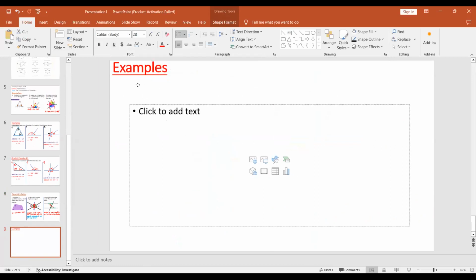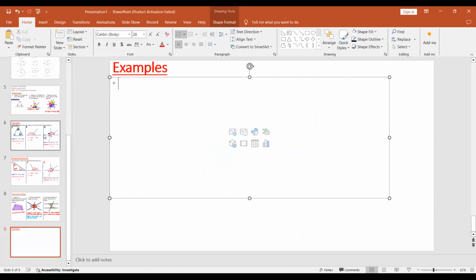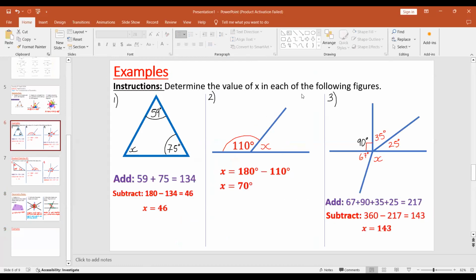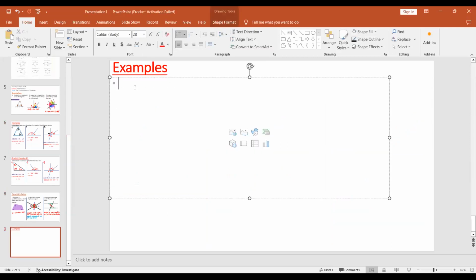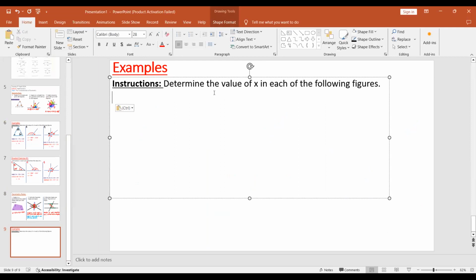Now again, does the variable always have to be X? Or can we use a different letter? We could use a different letter, right? So in this case, let's determine the value of B. Determine the value of B in each of the following figures.